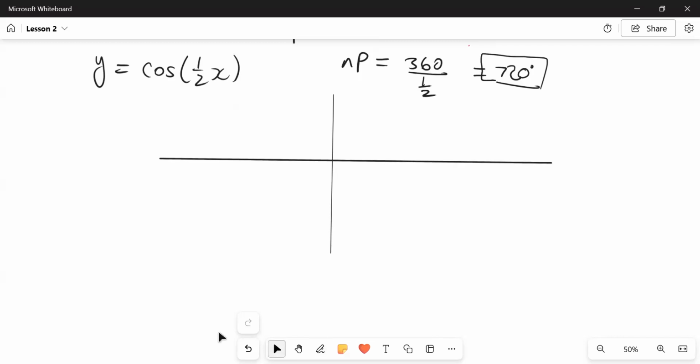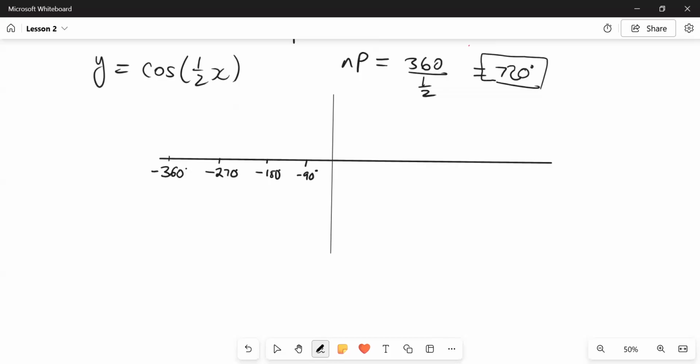And then from here, we have your negative 360, negative 270, negative 180, and negative 90.